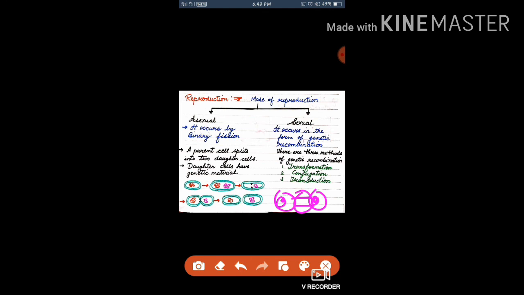Now the third type is transduction. In this type also, the genetic material from one bacterial cell goes to another bacterial cell through an agency or mediator, or phages.